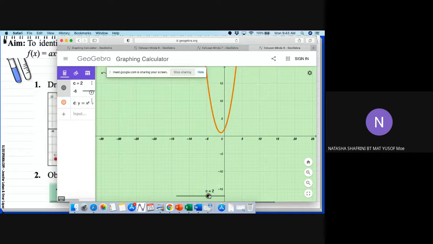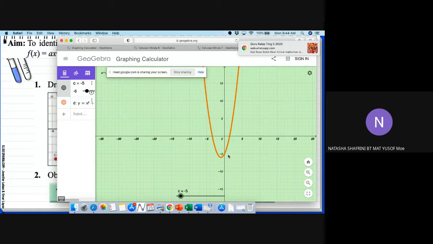Kalau cikgu tukar C sama dengan 5, dia cross dekat 5. Dia intersect at 5. Okay, now kalau cikgu letak dia dekat negative 5, nampak tak? Dia intersect dekat negative 5.